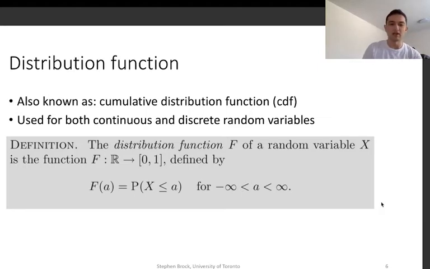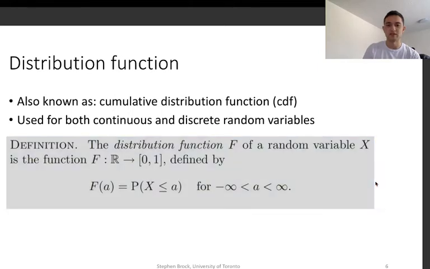And when you're trying to understand what it represents, this is where the name cumulative distribution function comes in handy. If someone were to ask you, what is a distribution function? What does it mean? Then you could provide this definition, but what it's really saying is that instead of looking at the probability that X takes on a certain value, we're looking at the cumulative probability that X takes on a value less than or equal to a given value.